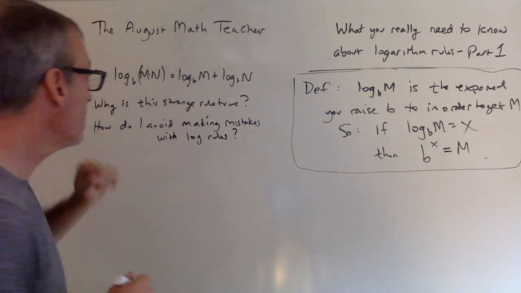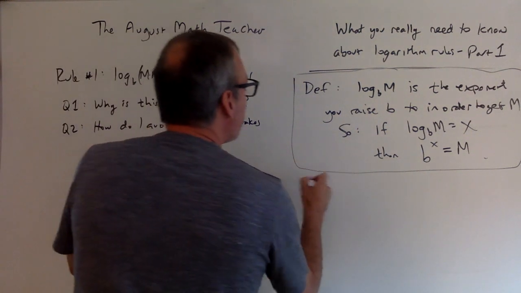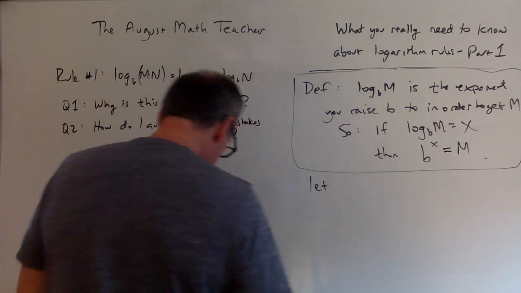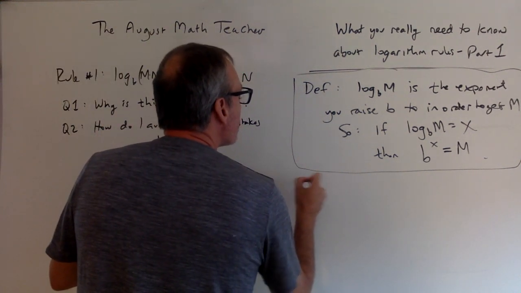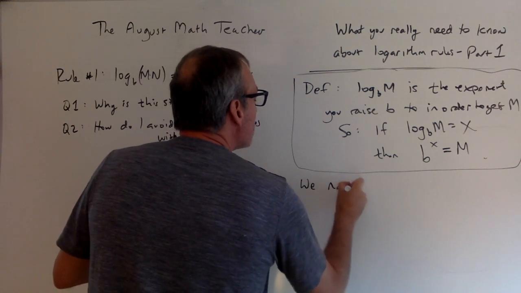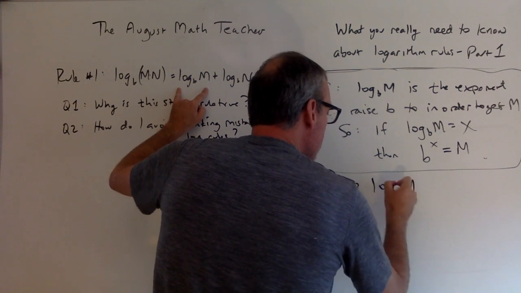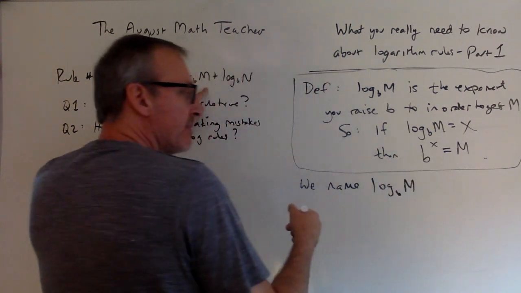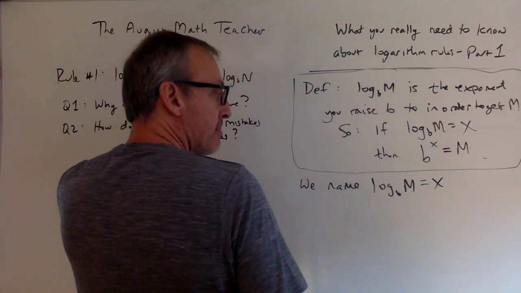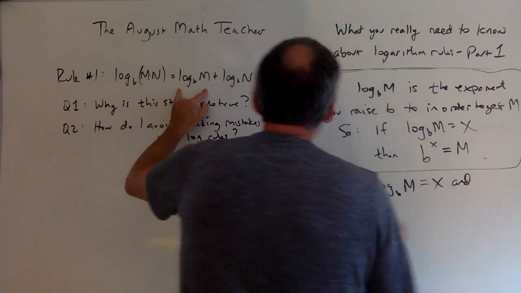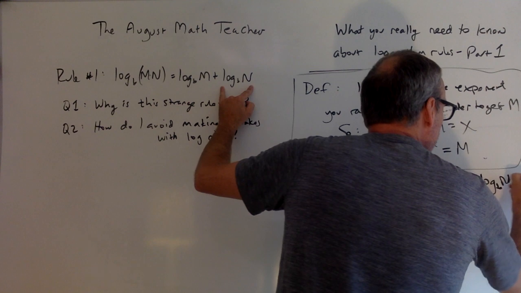Okay, so to figure out why this rule is true, we're going to have to use this understanding. Let's name log base b of m equal to x. And similarly, let's name log base b of n a different letter. I'm going to call it y.